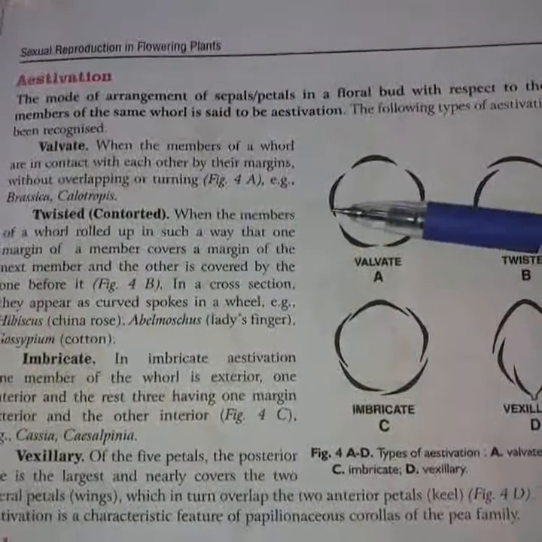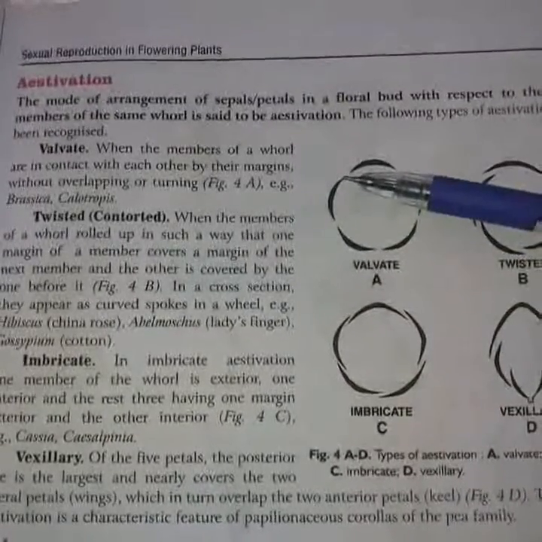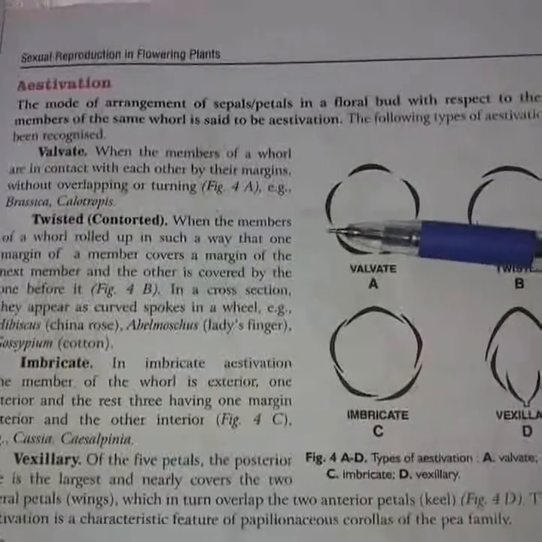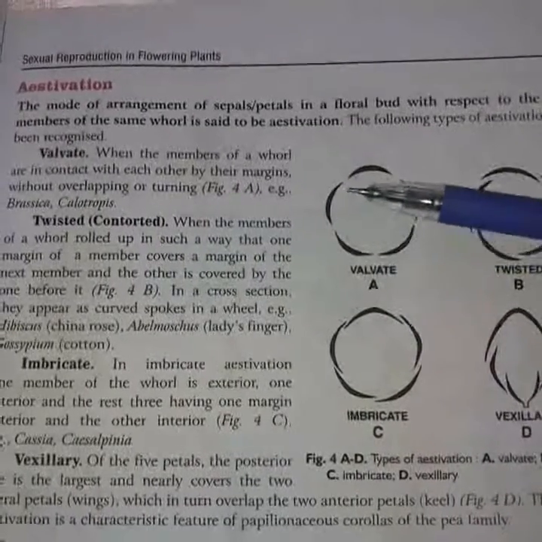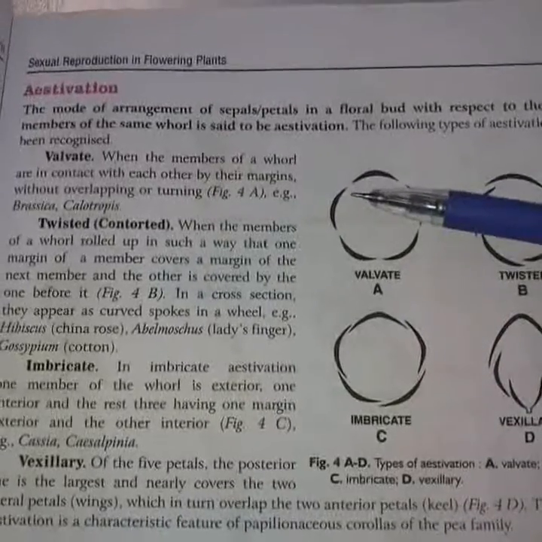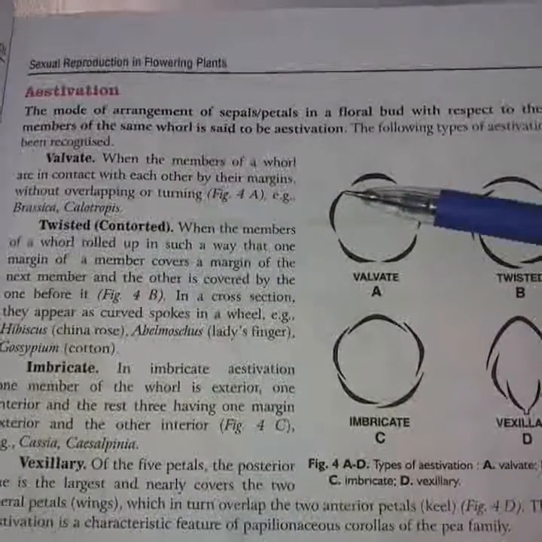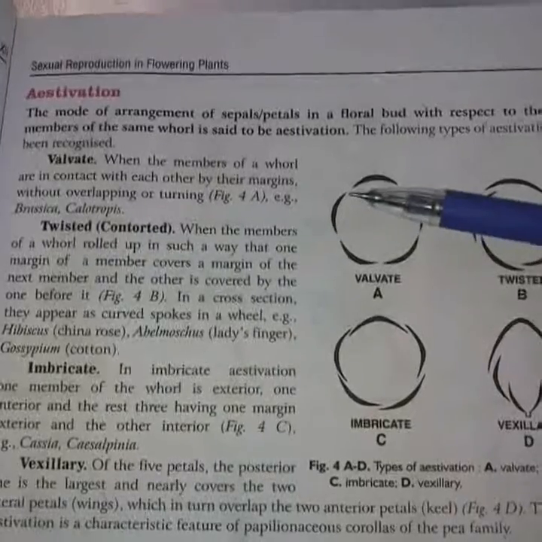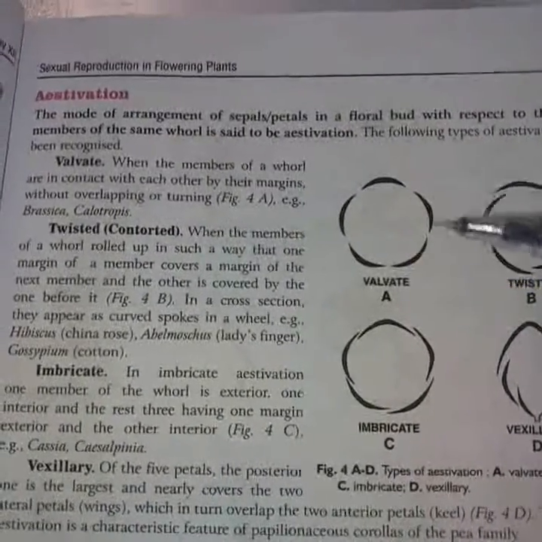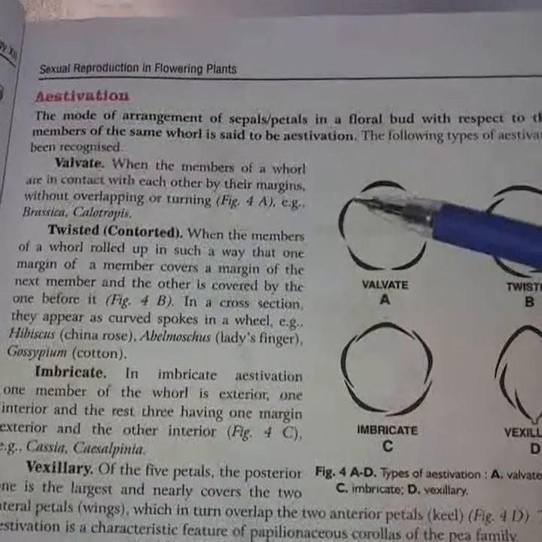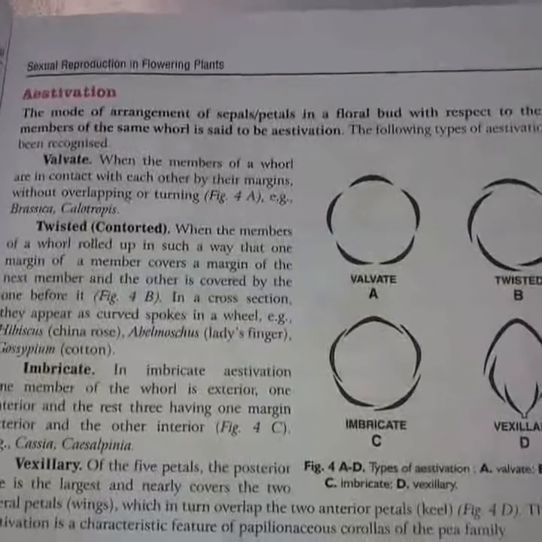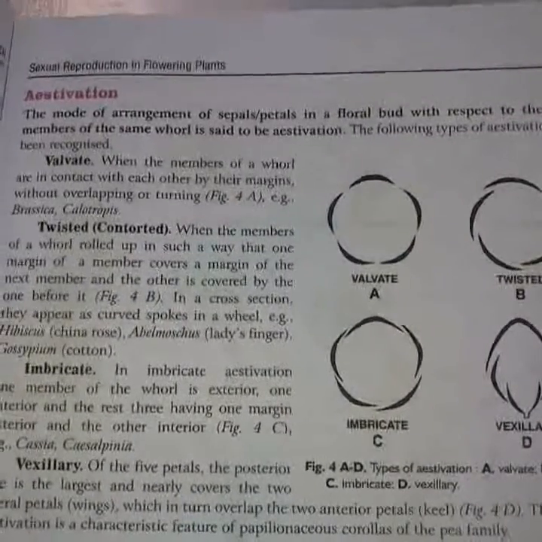When parts of sepals or petals are arranged in a whole but the margins are not overlapping with each other, they are only in contact. This type of estivation is called valvate estivation.